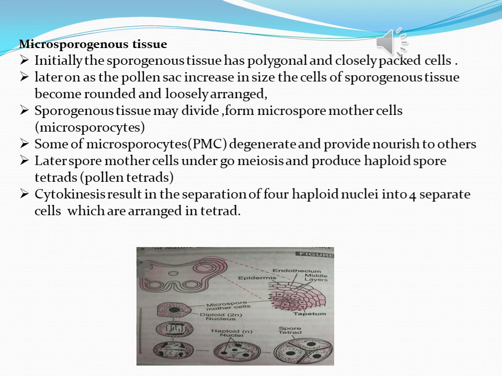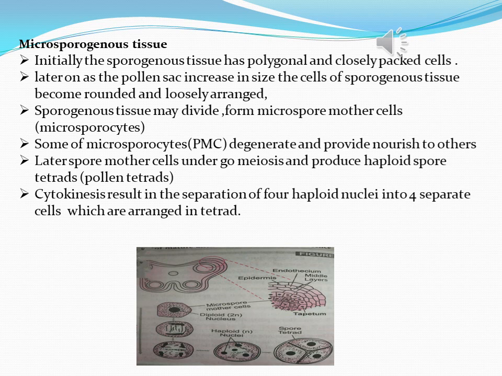A number of pollen mother cells are formed, but not all of them are activated. Some pollen mother cells degenerate, and these help by providing nutrition to the developing pollen grain cells.